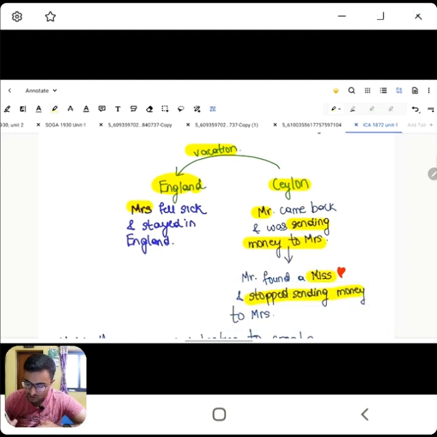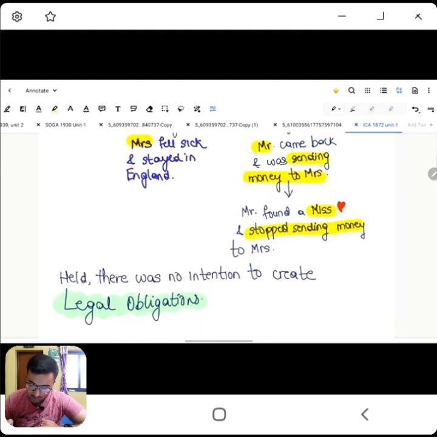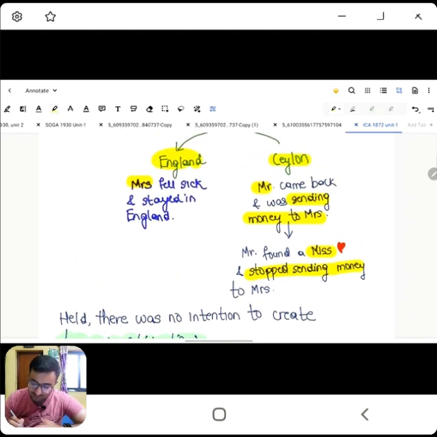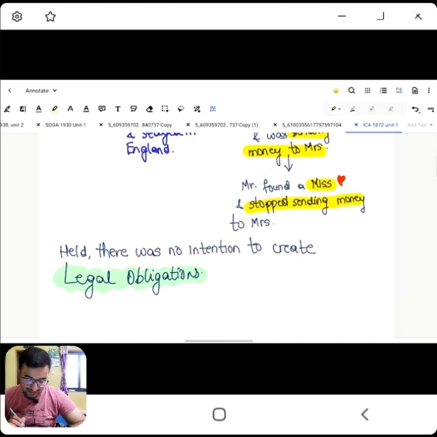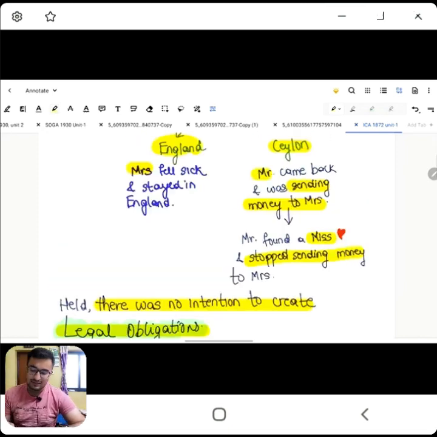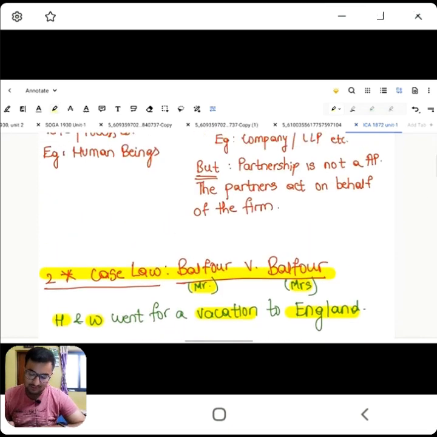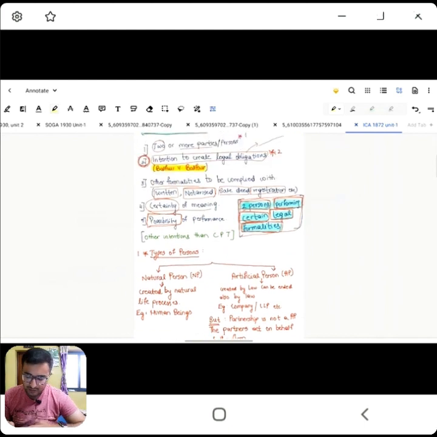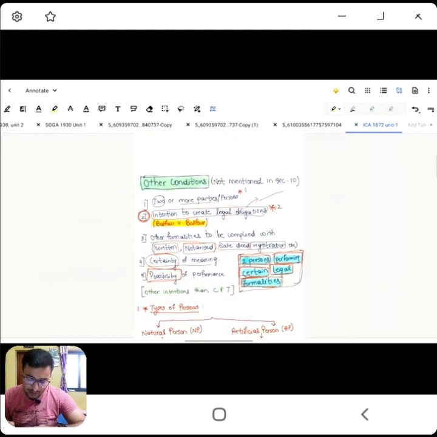The wife went to the court of law and filed a case against the husband. She lost the case. Why did she lose the case? Because there was no intention to create any legal obligations. This was nothing but a social agreement. This was a very famous case law, Balfour versus Balfour.